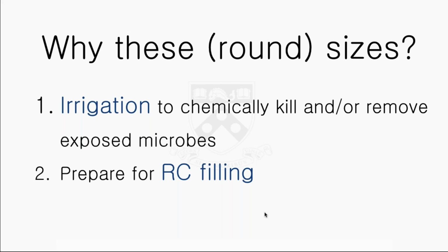We have an illusion that we take it down with our file. Yes, you take a little bit, but not enough. We have an illusion that all these irrigating machines can work like a power wash, and we stand 3, 4, 5 millimeters away, and you push this irrigating solution into the apical part.